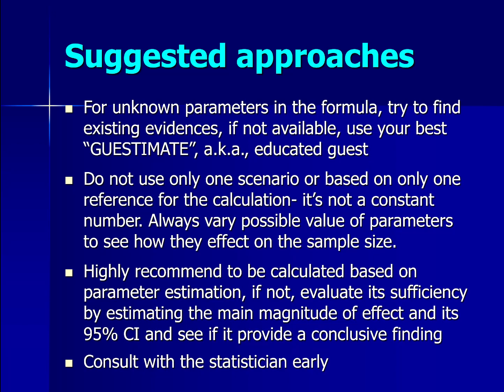You know, it's too late already. Or even worse, to justify to the journal reviewer that the paper is submitted already, it's too late. Usually it's not possible. Sample size calculation is the planning.